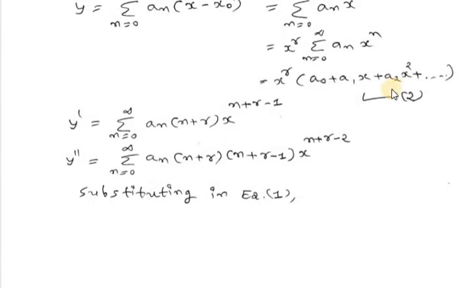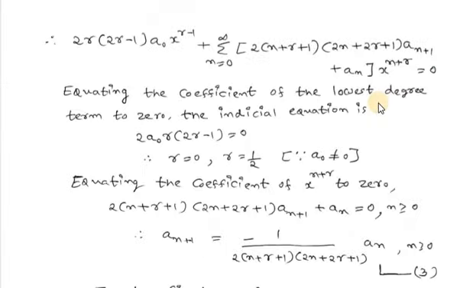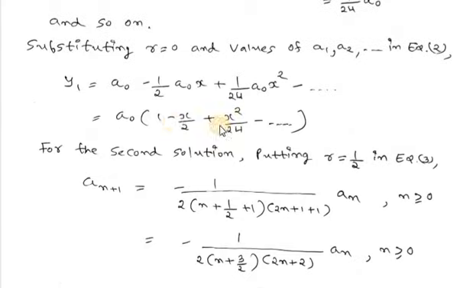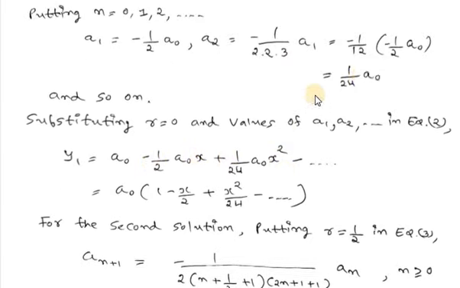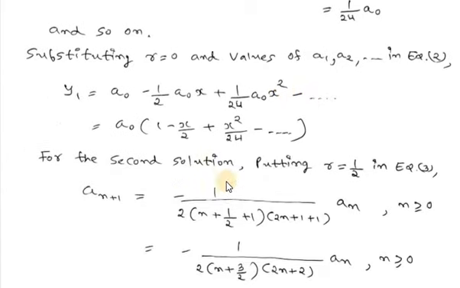Equation number 2, that is this one. We will replace r by 0, so it will become x raised to 0, and that is 1. And we will put down the values of a1 and a2. So the first value a0 will be as it is, minus, this is the value of a1, that is minus half a0 into x, plus this is the value of a2, 1 by 24 a0 x square and so on.